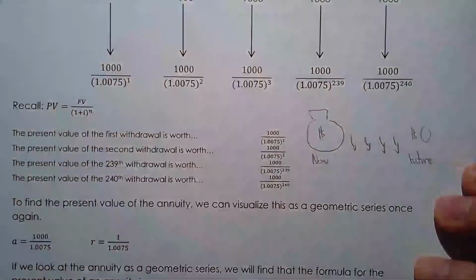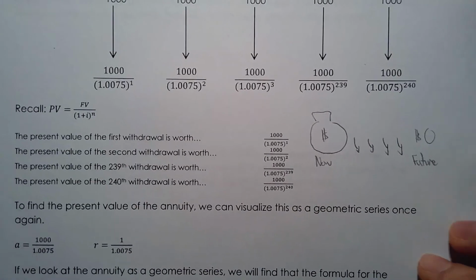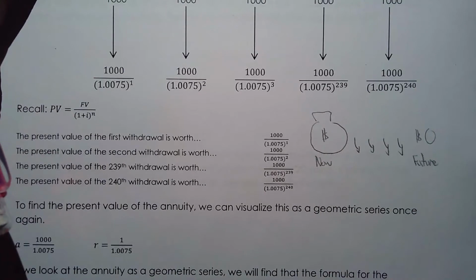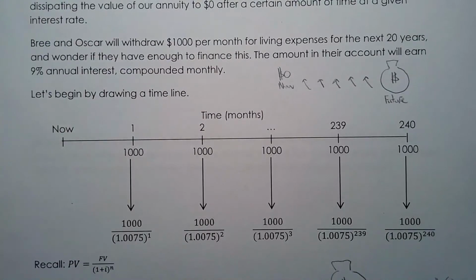So for present value of an annuity, you have a big bag of cash right now, and you slowly withdraw until you have nothing left over. Like I said, you're essentially going backwards. So when will you have this giant bag of cash? Hopefully, you'll have this giant bag of cash when you retire.